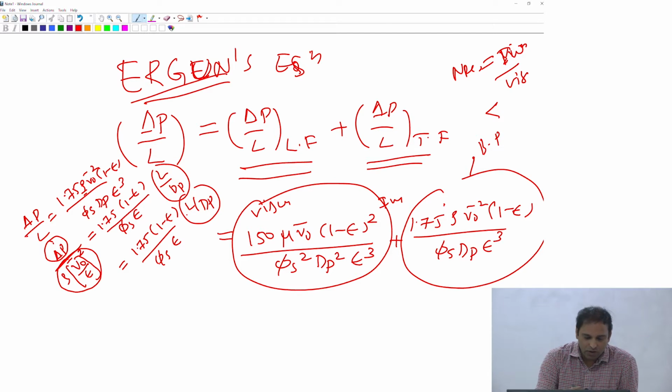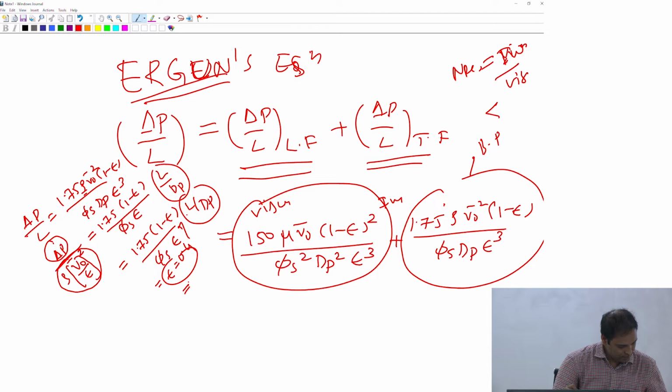Now if I take some value of epsilon, for example epsilon to be something like 0.4, and if I substitute in this, what I get is a value which is something like 5.25. This is for L by dp equal to 1.